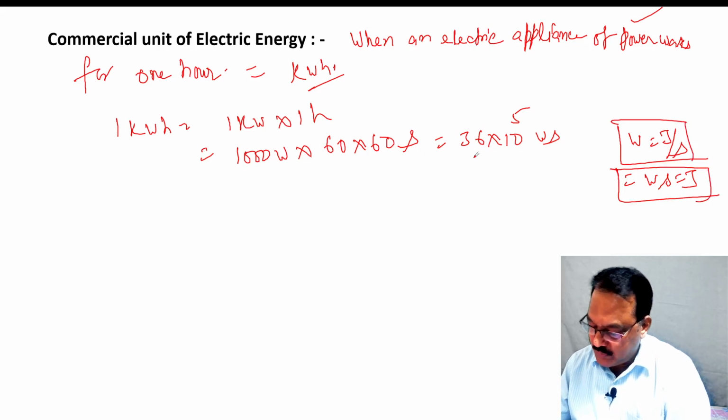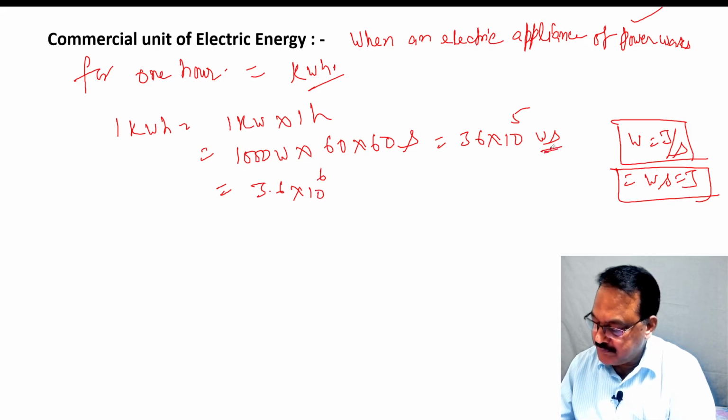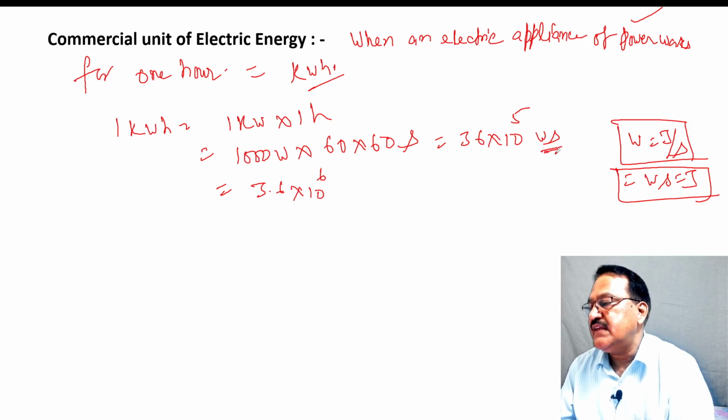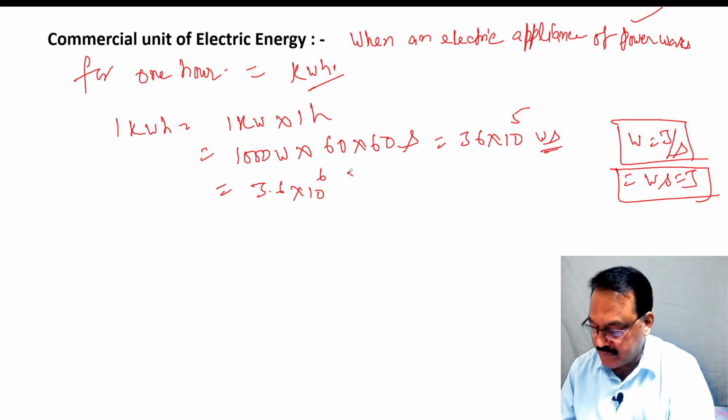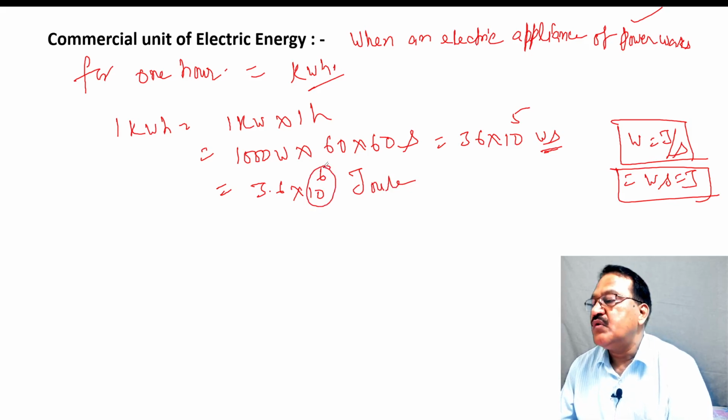So we can write here 3.6 into 10 to the power 6. In place of Ws, we can replace it with joule. This is 10 to the power 6, which can also be replaced with mega.